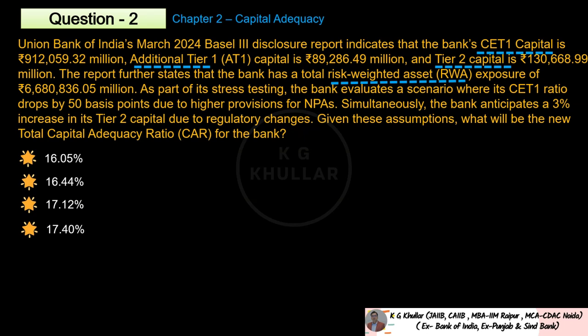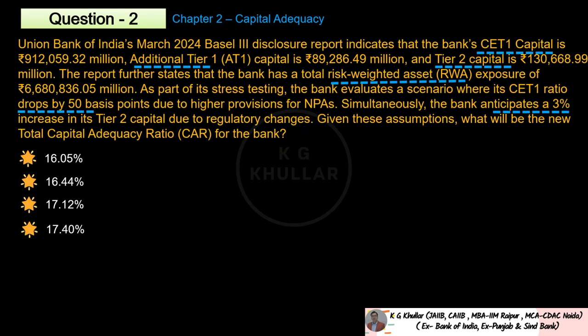Then the question says that management of the bank wants to do some stress testing, and so they drop the CET1 ratio by 50 basis points and simultaneously increase their tier 2 capital by 3% due to regulatory changes. And we have to find the new total capital adequacy ratio.